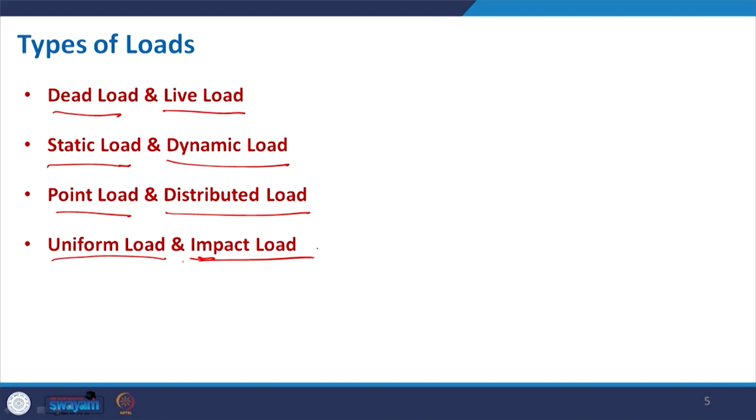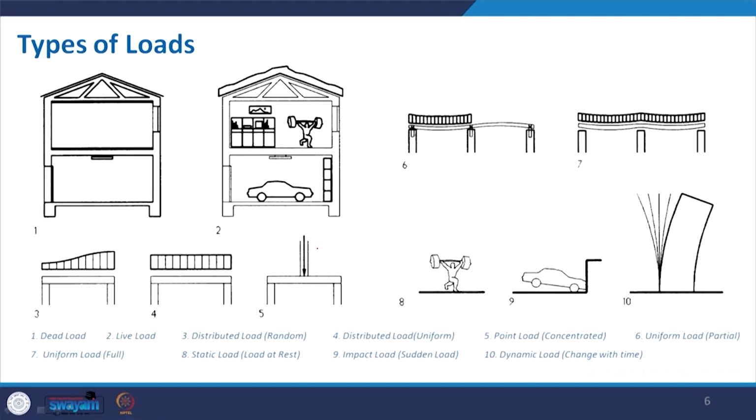So, what exactly are these? Let us clear that. Here these are tentative diagrams, which I have taken from a book, Structure in Architecture. Pictures 1 to 10 depict the different kinds of loads that we had in the previous slide.